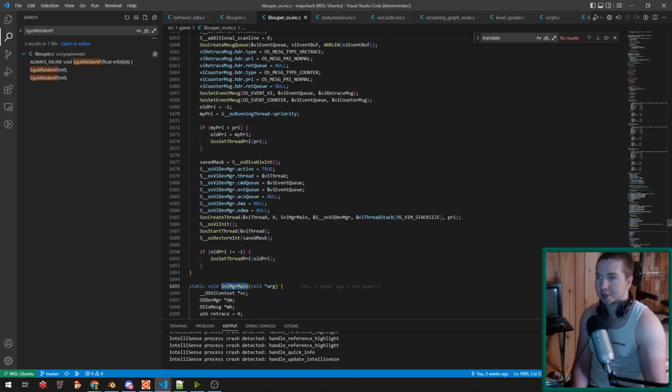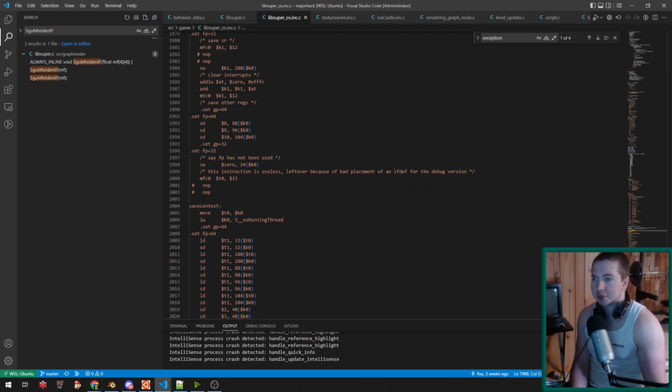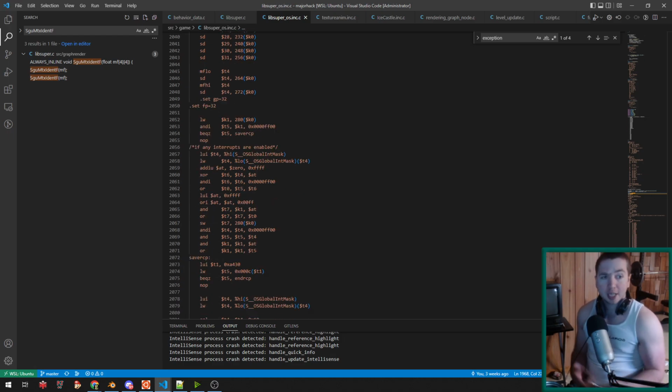Then another thing we can do is, if you look at the exception handler here, this is one huge piece of handwritten assembly. And if you talk to a programmer, most of them are going to tell you that handwritten assembly is faster. But when an average programmer writes handwritten assembly, it is slower than when the compiler does. Especially if you don't really care about optimizing it.